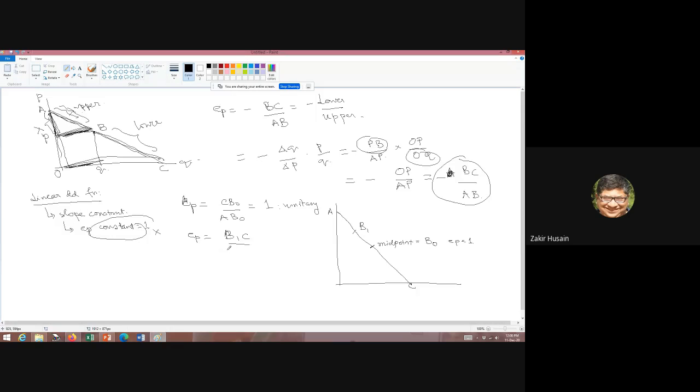so B1C and AB1. So this is greater, therefore elasticity will be greater than 1.